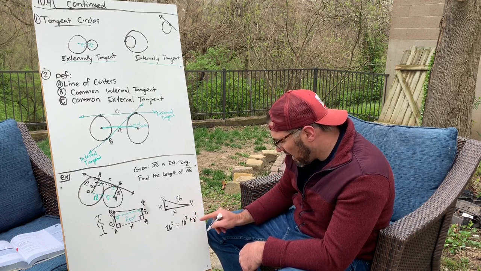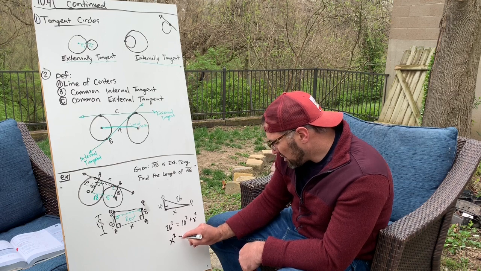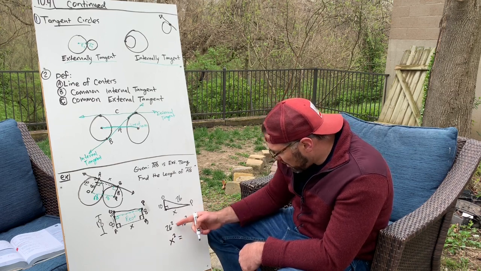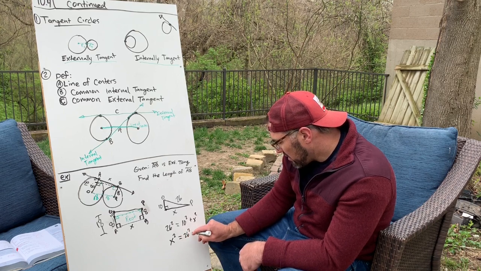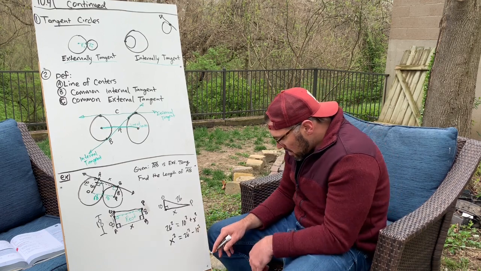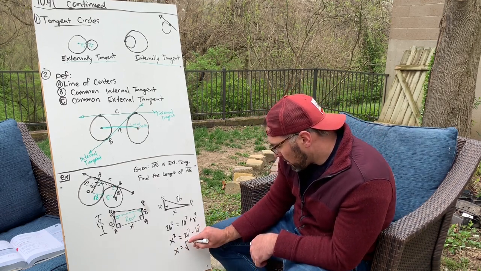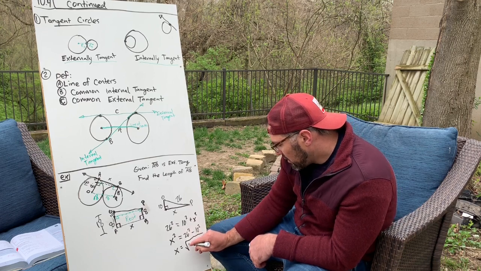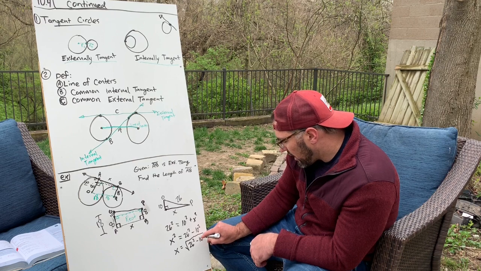Now I'm solving for x, so I like to put x on this side. x squared is going to equal 26 squared minus 10 squared. That means that x equals the square root of 26 squared minus 10 squared.